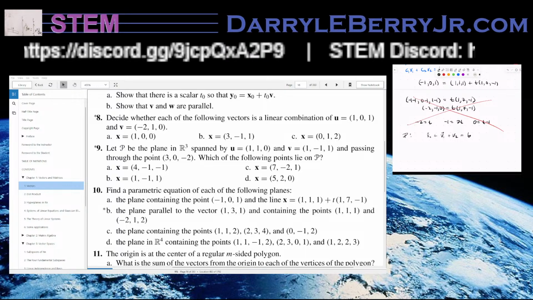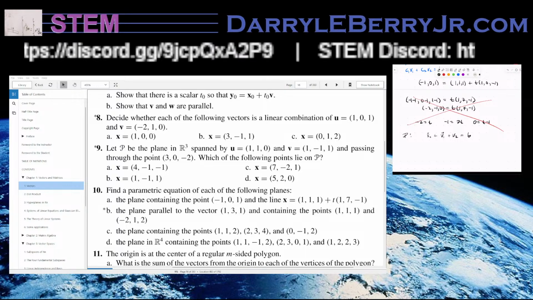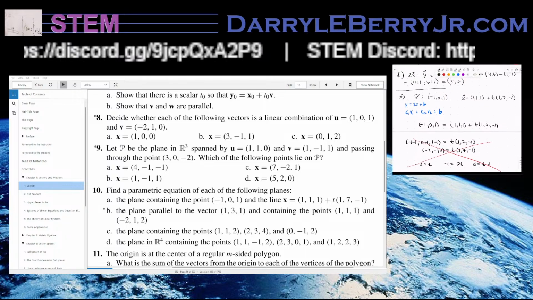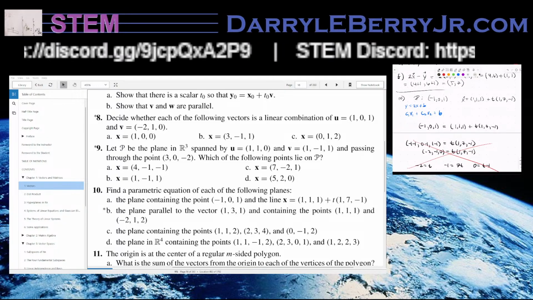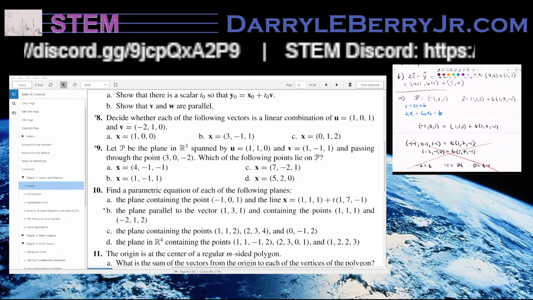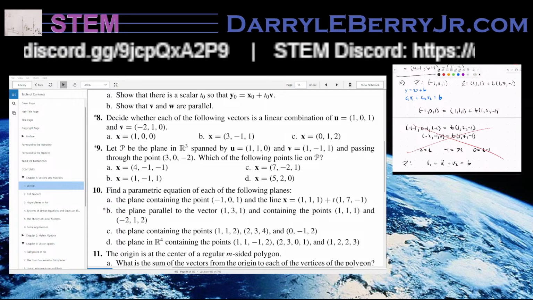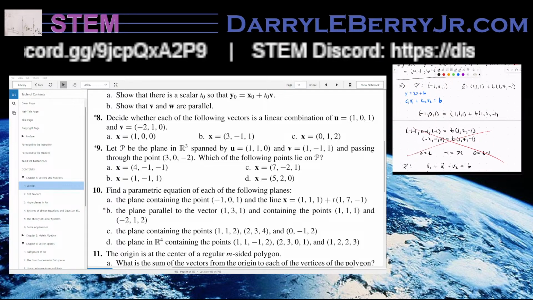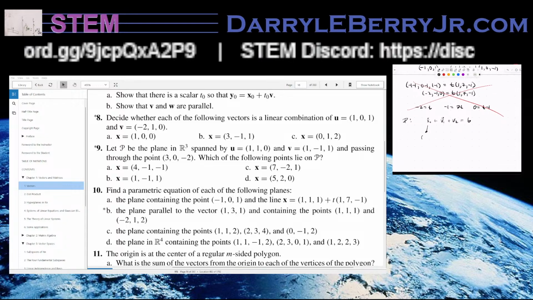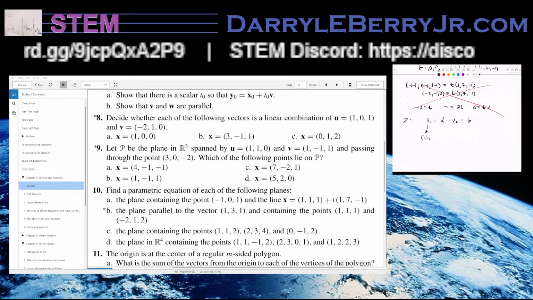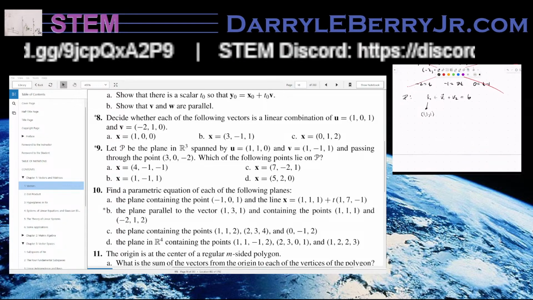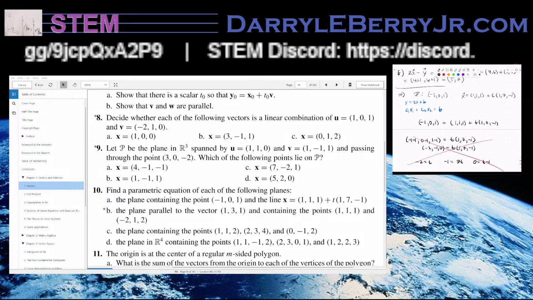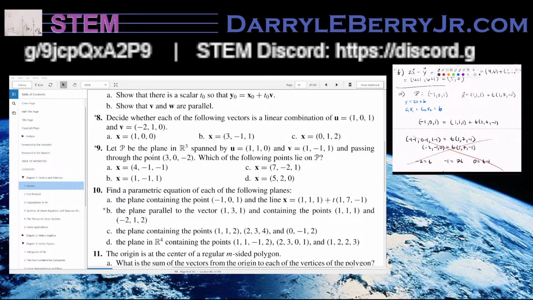We don't know if it's going through the origin, but b could be 0, it could not be. So we know that x naught could be 1, 1, 1. And we know that one of the vectors is this.